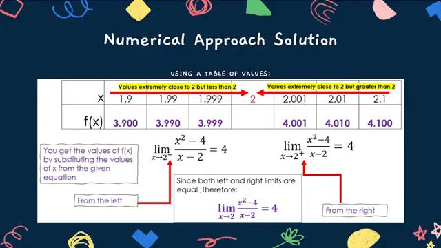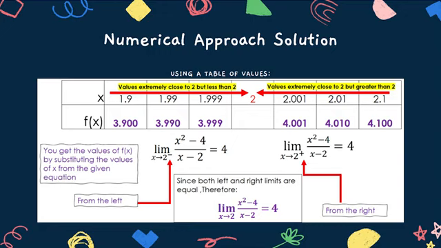They should have an equal limit to come up with an answer. But if they don't have an equal limit, then the limit does not exist, which we will dwell on later on.